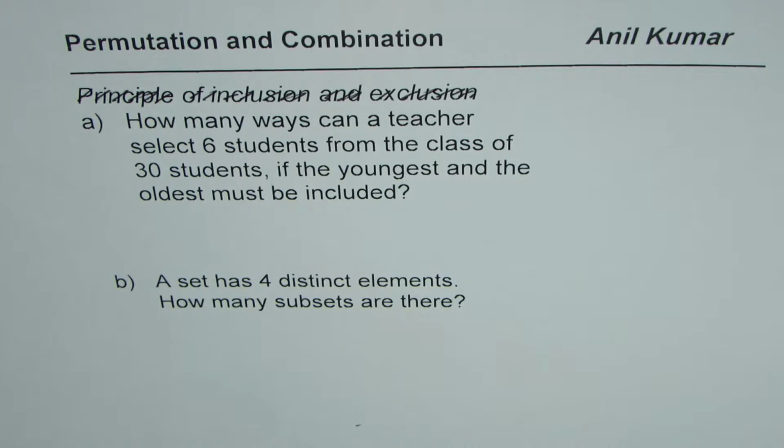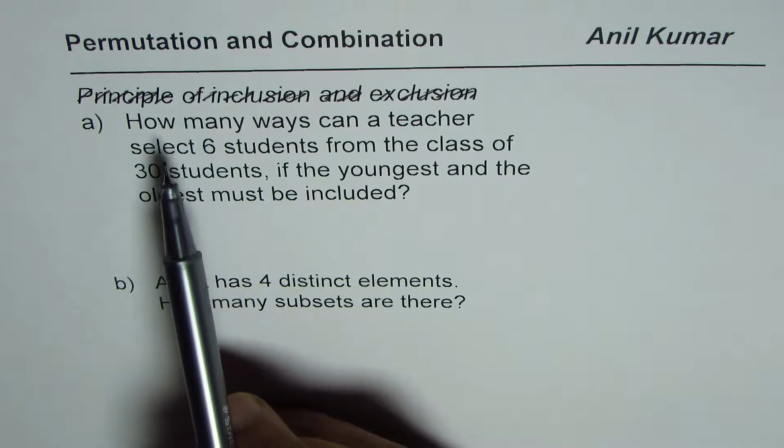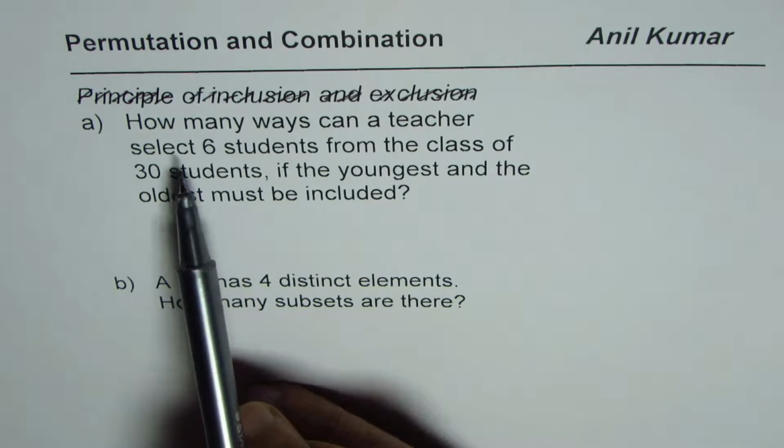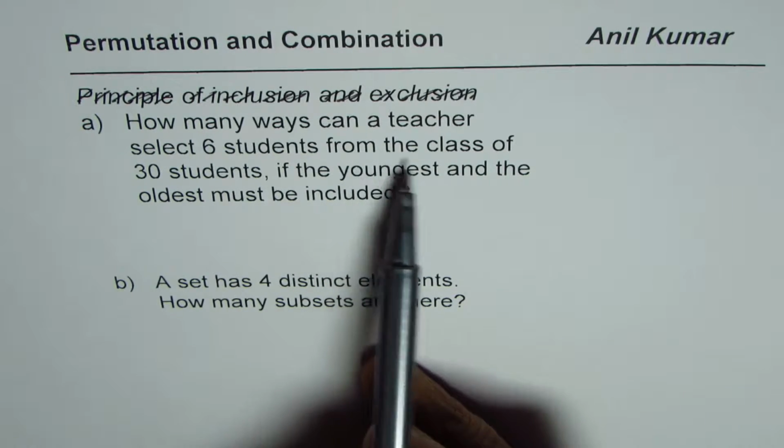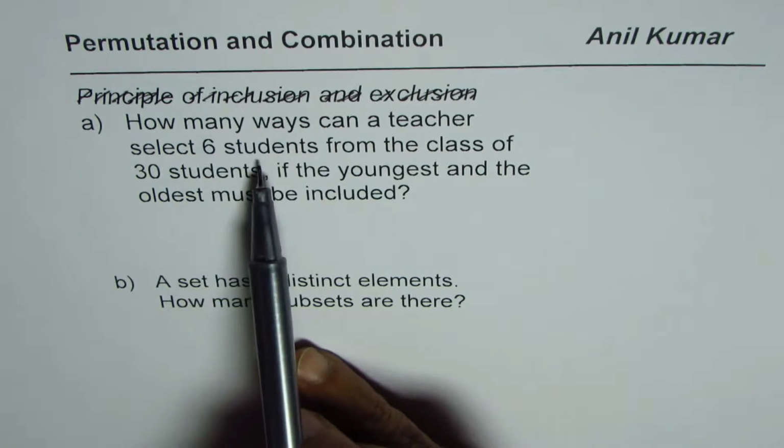Now, to understand whether we should use permutation or combination, we have to ask a very simple question, and that is, will the order matter? The question here is, how many ways can a teacher select 6 students from a class of 30 students? So you are selecting 6 students.